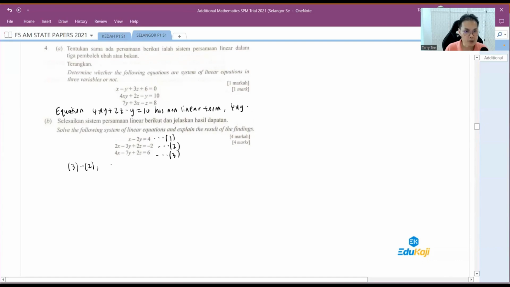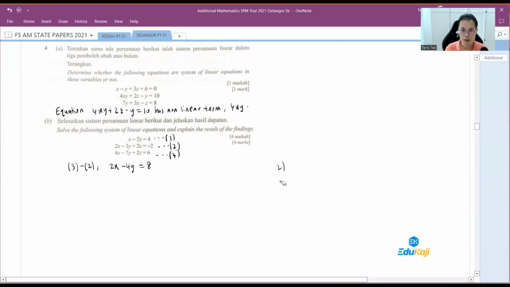So 4x minus 2x is 2x, minus 7y minus 3y. If you're not sure, you can write it like this. So this gives us minus 10y. Actually, minus 4y as stated. The 2z minus 2z disappears. 6 minus 2 gives us 8.